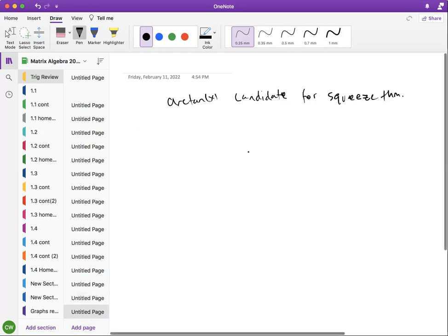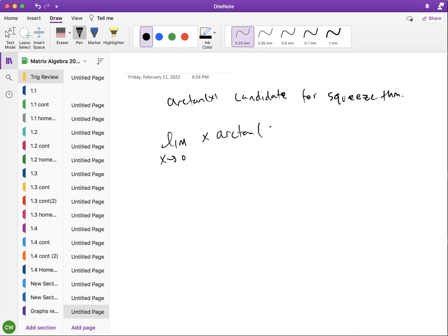I'll talk about arctan next time in class. Based on this, we can talk about limits involving arctan, or I should say something like 1/x.